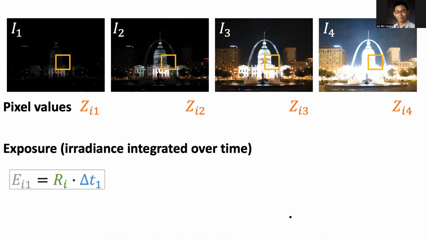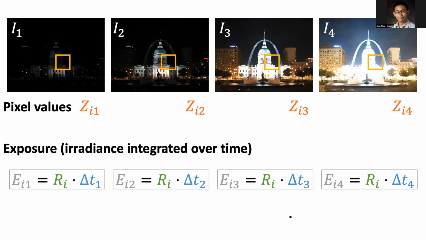Basically, you open your shutter, the light comes in, and you integrate, you multiply this radiance and time, and that will give you the exposure. So you have this simple thing. It's the same radiance, it's the same R, but exposed for different times. So some of them will get exposed longer, but they may get overexposed. Some of them are exposed shorter. Then you can capture something that's very bright.